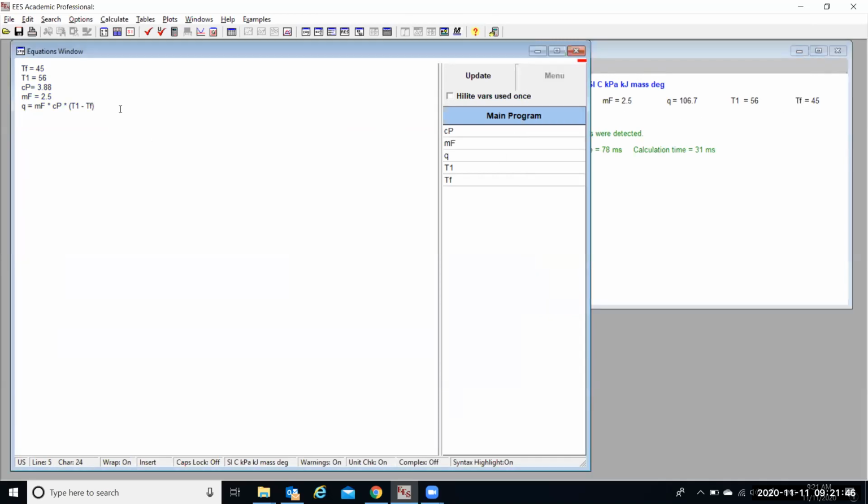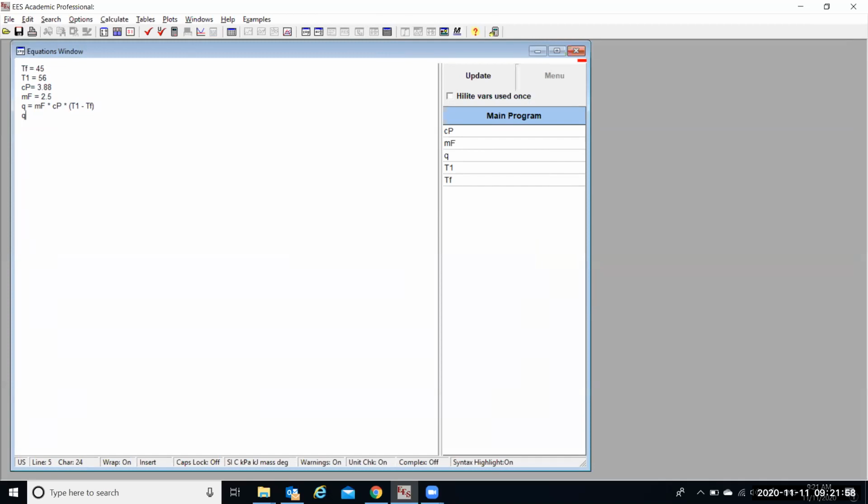Now, one more thing which is related to working with EES, which is related to properties. Suppose, for example, that I need to say that this Q is equal to M steam into HFG of steam. And I know that steam temperature, for example, is equal to 70. Let's say that.